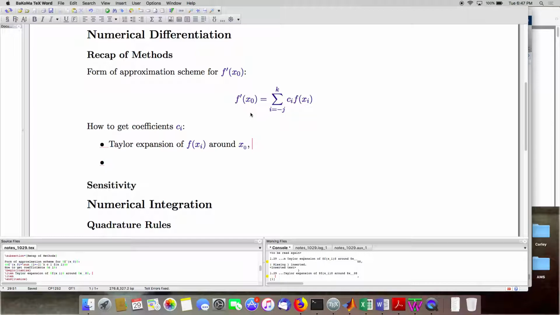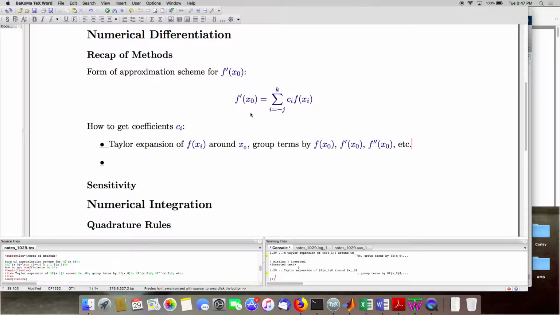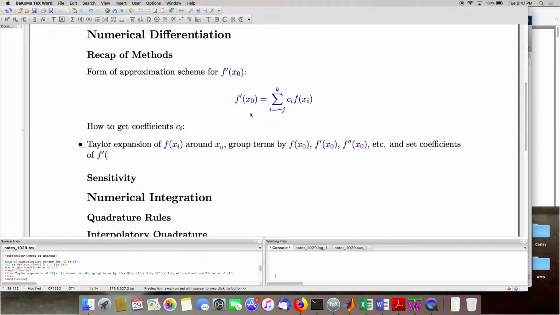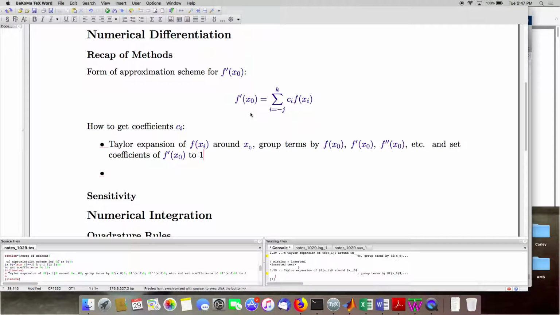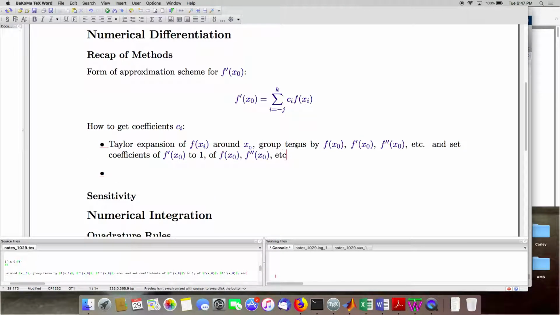So then group terms by what I just mentioned, f double prime of x naught, etc., and set the coefficient of f prime of x naught to 1, because you want this to reduce to f prime of x naught plus some error, and the coefficients of all the other derivatives of f, including the zeroth derivative, which is f of x naught itself, to 0, to wipe those out as much as you can.